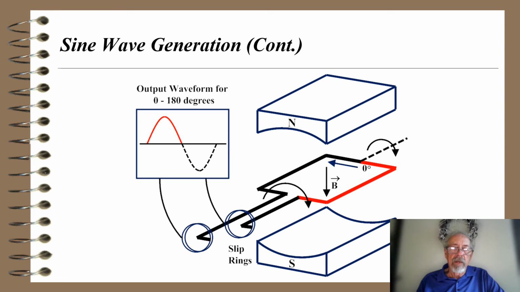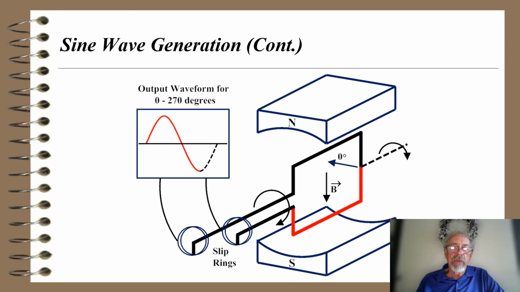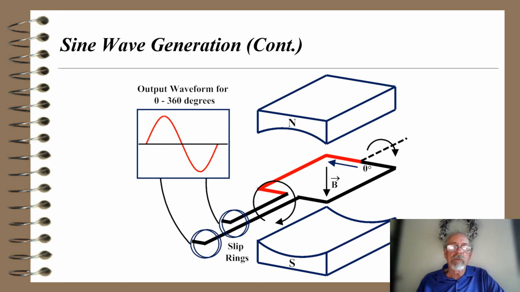Here's the next 90-degree turn, produces the rest of the upper portion of that sine wave. Now it moves again. We got 270 degrees of rotation. I've got 3/4 of the sine wave, and it moves one last time back to where it originally started, and I've got an entire sine wave generated. So this type of generator produces an alternating current, an AC sine wave.